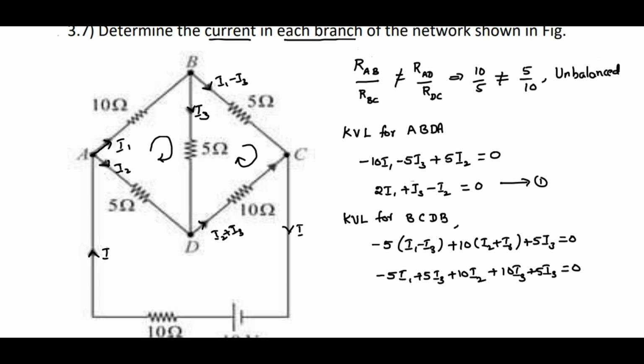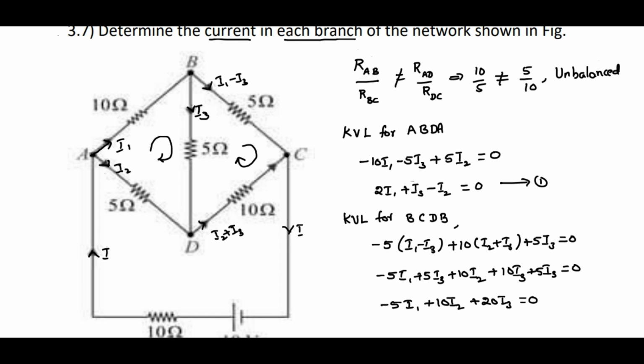So minus 5 I1 here, while coming to I2 terms, 10 I2, and while coming to I3 terms, plus 20 I3 is equal to 0.